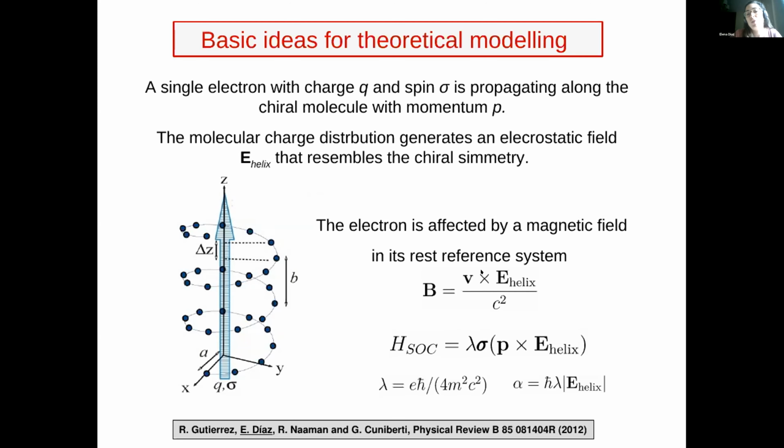And because this chiral field is present, the electron in its propagation will feel a magnetic field in its rest frame. And at the end, there will be some spin orbit coupling affecting the electron. The magnitude of this spin orbit coupling is usually proportional to the magnitude of this field.